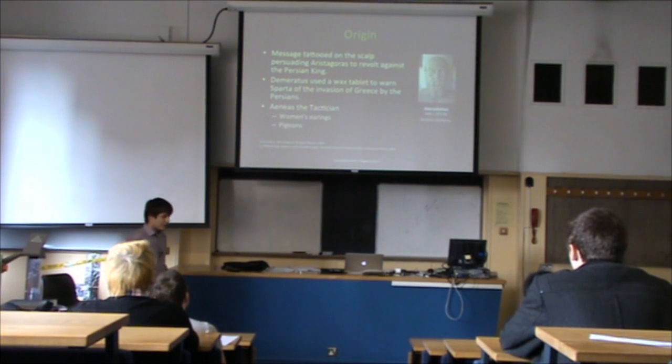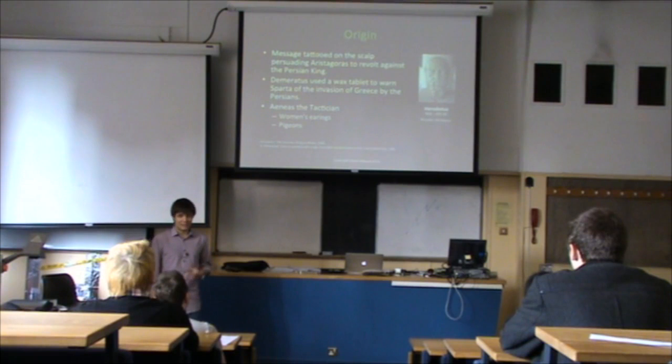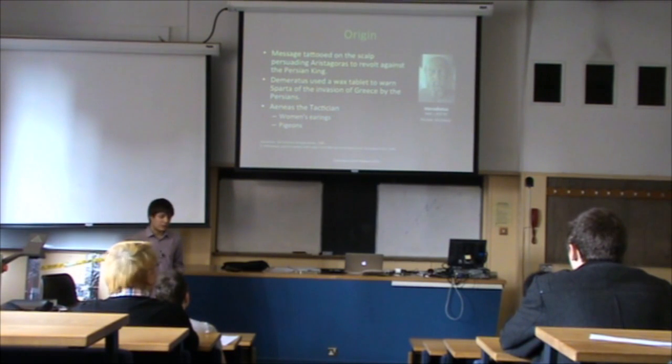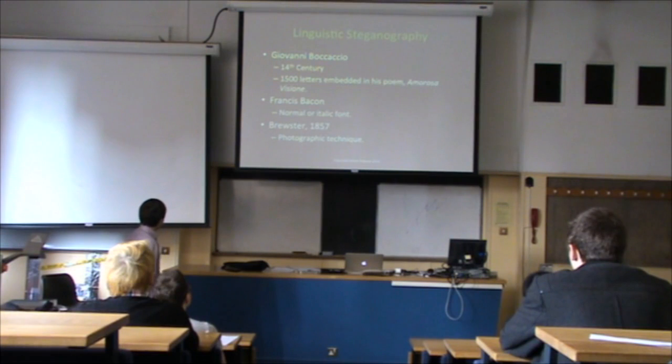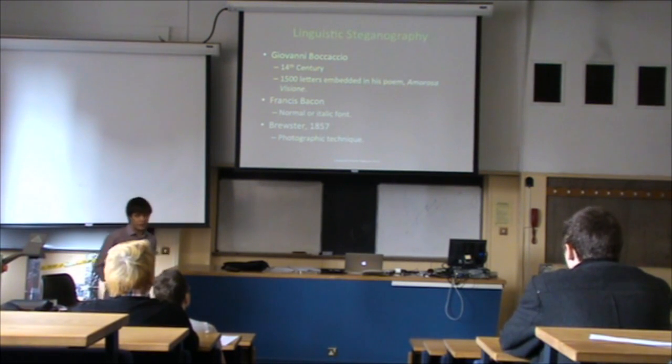So for linguistic steganography, which is typically text, he documents how you can encode messages in text by putting dots above certain letters to indicate that you should take note of those letters, or by changing the height of strokes when you're writing the letters. These are some of the more prominent examples of linguistic steganography.